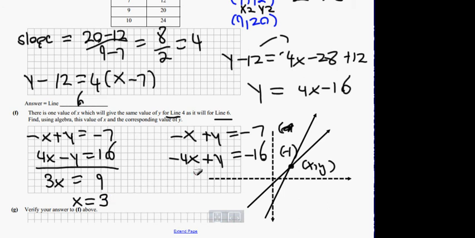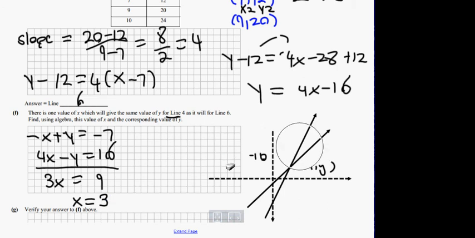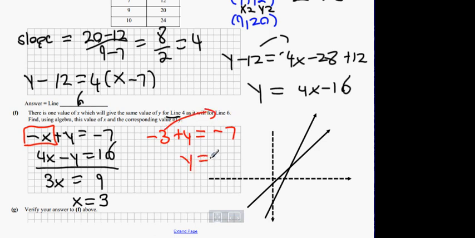Once we find out that x equals 3, we're going to replace x with 3 in either of the equations. Let's do it in this equation here. x equals 3. Minus 3 plus y equals minus 7. Bring over the minus 3. y equals minus 7 plus 3. y therefore equals minus 4.